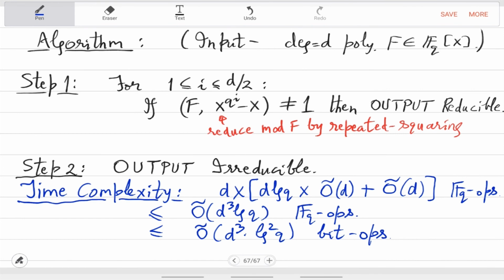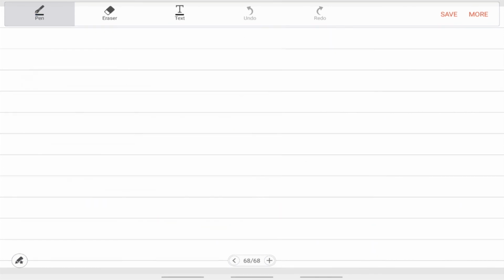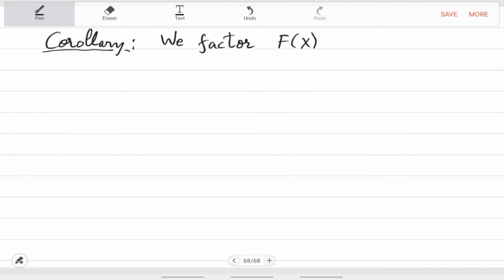Yeah, so let me just write down that observation. In the same time, similar algorithm, similar implementation. So we factor big F as a product of G_i's, where each G_i is obviously a polynomial over F_q.